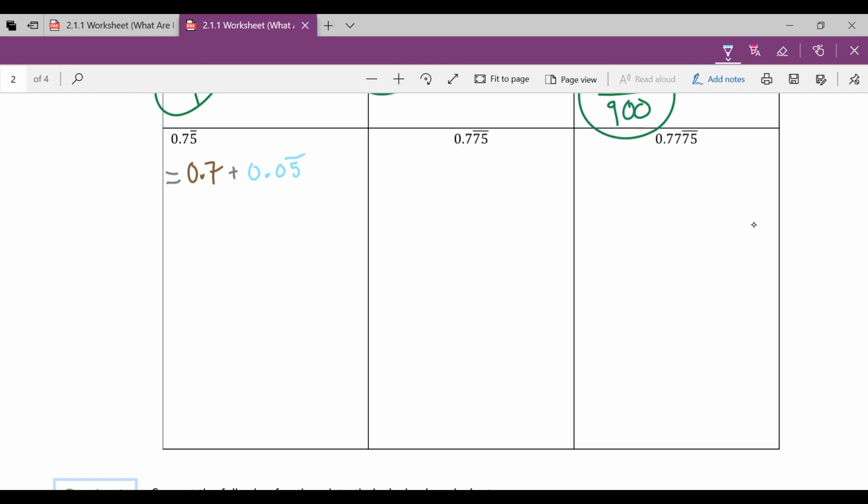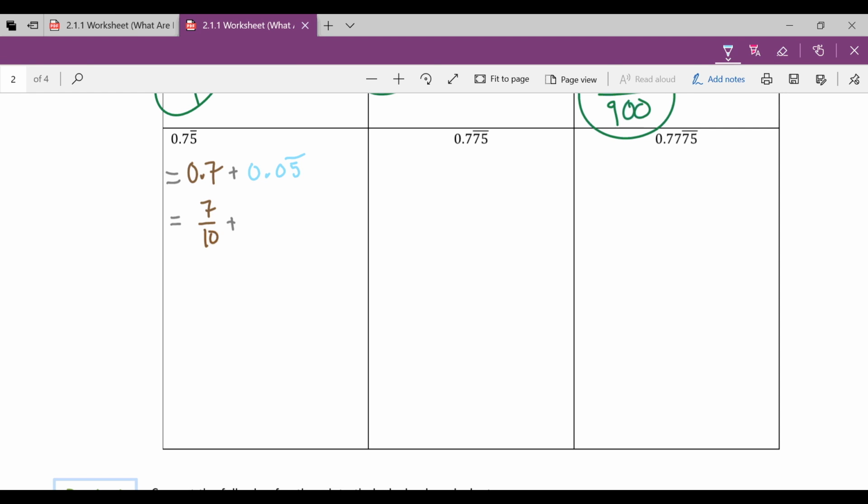And the reason I want to do this is because you can turn each of those into their own fraction, change the denominator so they're equivalent, and then add them up, and you should be able to get satisfaction. So 0.7 as a fraction is simply 7 over 10 plus 0.05 repeat as a fraction.